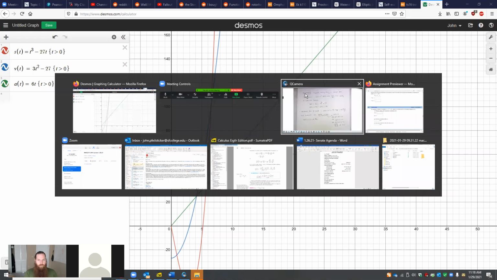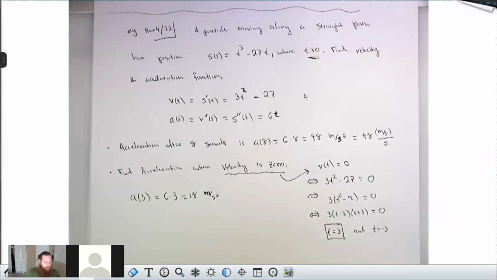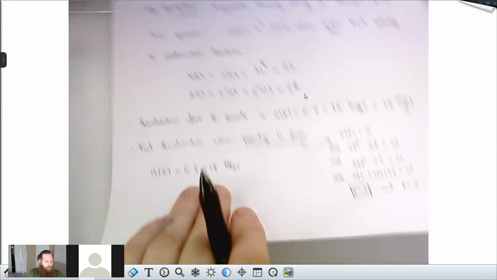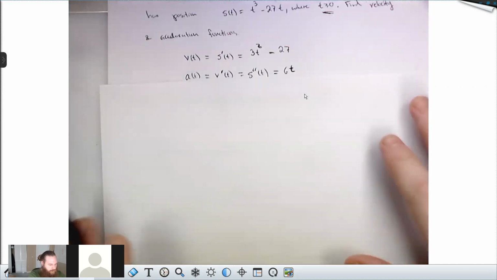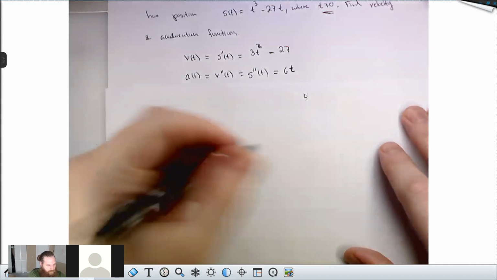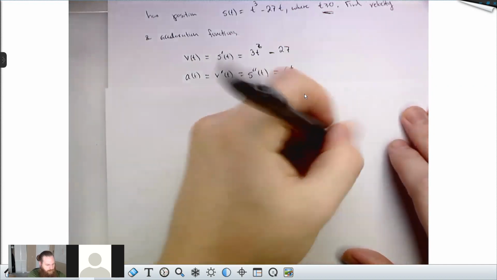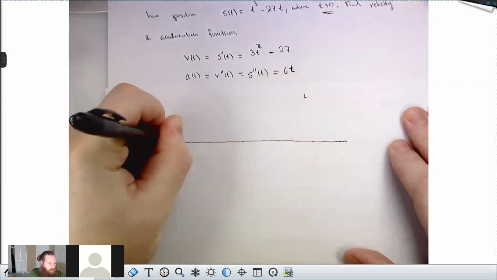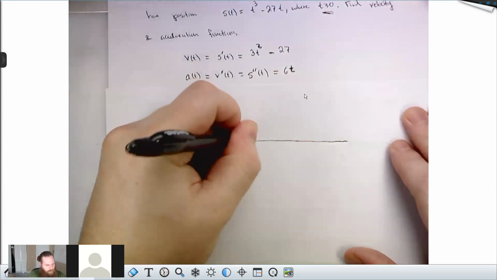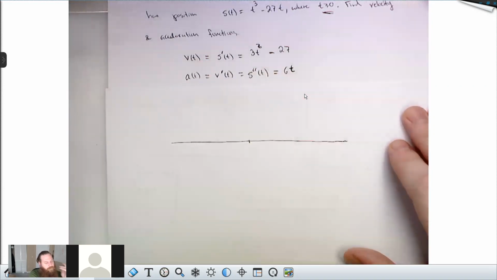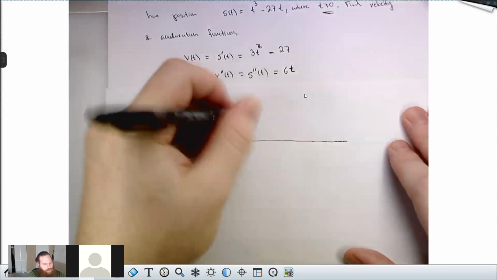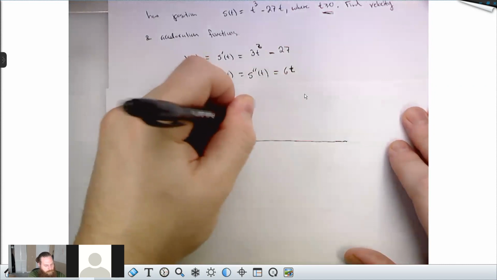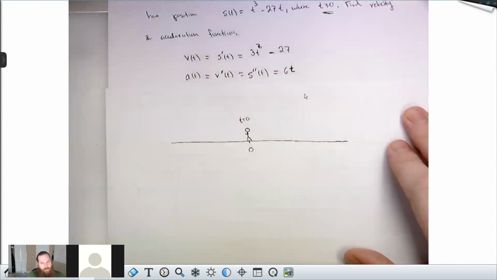If we want to, we can trace what's going on here using the blue as well. I'll put position 0 right here. So my dude starts out here at time t equals 0. He's at position 0.